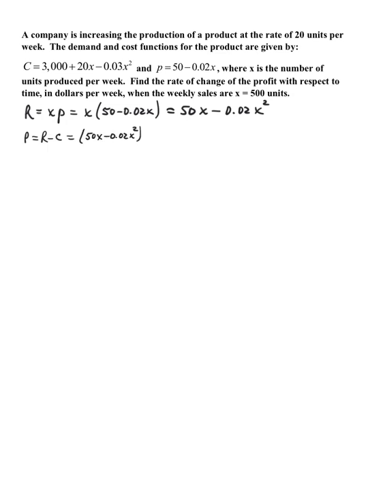We can steal the cost function from the original problem. Be sure to use parentheses so you don't mess any signs up along the way. Cost is 3,000 plus 20x minus 0.03x squared.